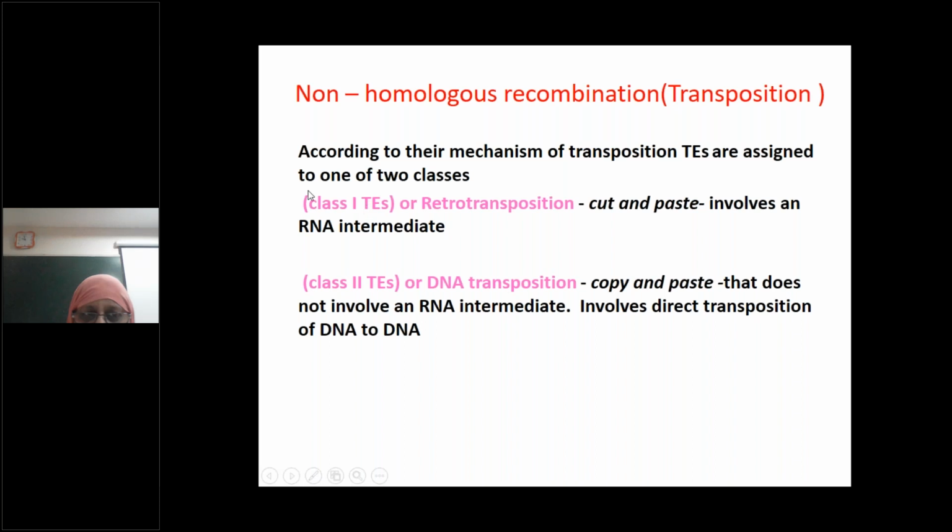Class 1 is also known as retrotransposition, and it is said to be a cut and paste mechanism which involves an RNA intermediate. While class 2 is DNA transposition, a copy and paste mechanism. It does not involve an RNA intermediate, but involves the direct transposition of DNA to DNA itself.